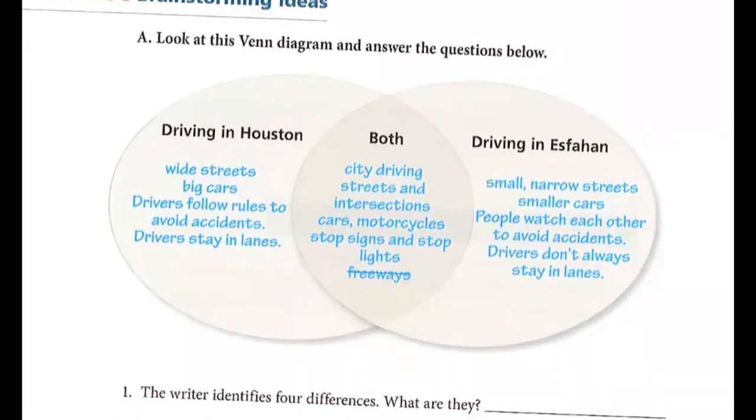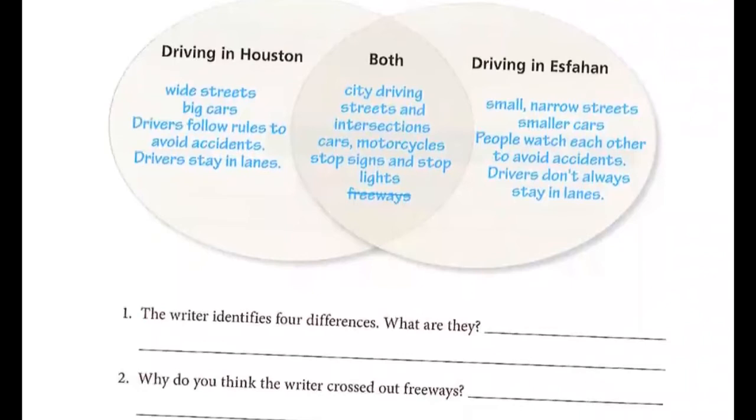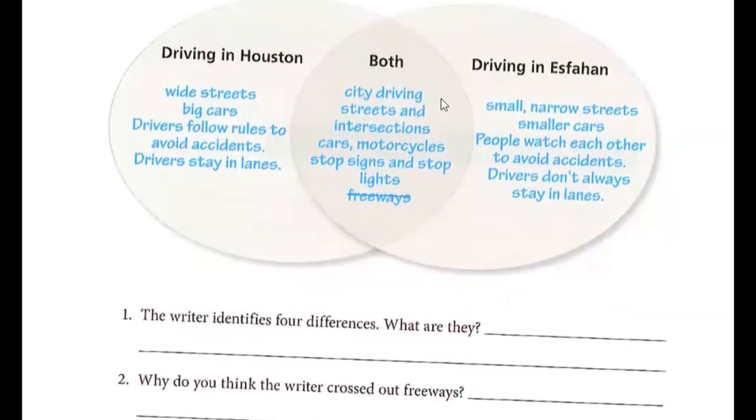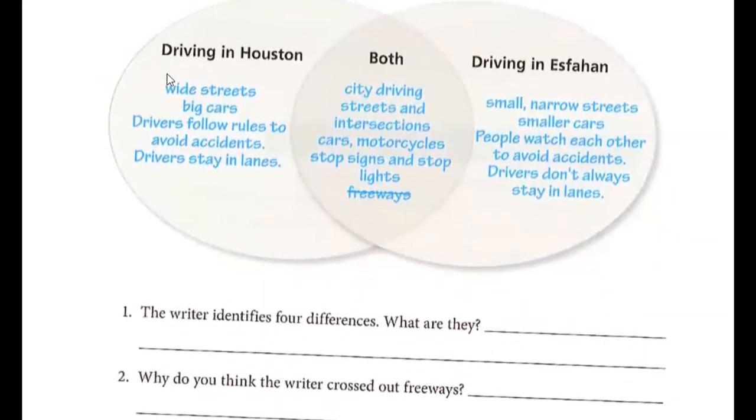So please take a look at the comparison between driving in Houston and driving in Esfahan. Okay, so you can see the difference. Driving in Houston: wide streets, and in this one, small narrow streets; big cars, smaller cars; drivers follow rules to avoid accidents, drivers stay in lanes.